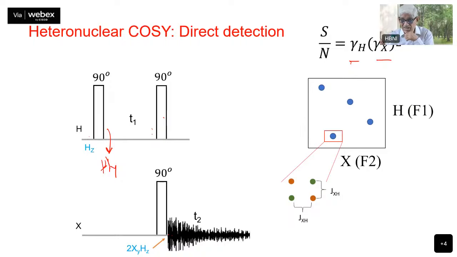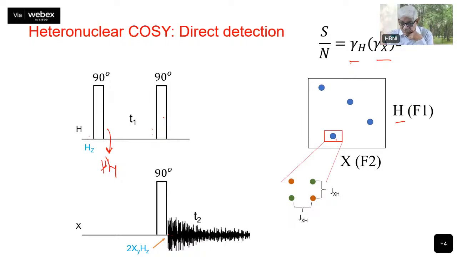Now, how many peaks will you get? You will get one peak for every correlation. So if there is one proton coupled to one carbon, of course you will have one peak here. There is nothing like a diagonal here, because on one axis I only have the proton, and on the other axis I have the X. Therefore, I only have cross peaks. But of course, the coupling information will be present.